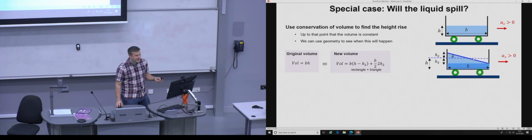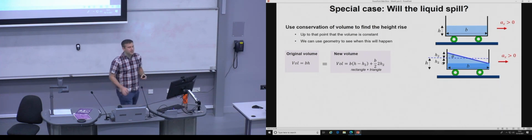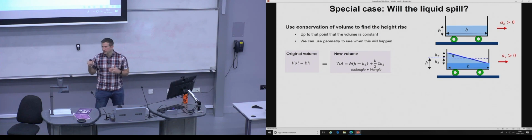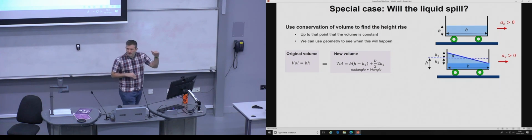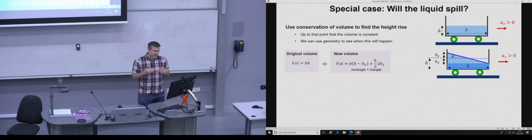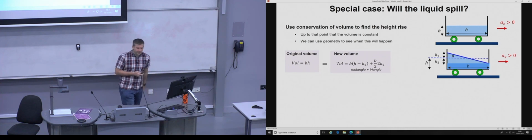So we define this dashed line as the original line, which is height h from the base. And we define this new h, which is the difference that it's risen on one side and fallen on the other. And we get this rectangle and the triangle. And those volumes, or areas at the moment, have to be constant.